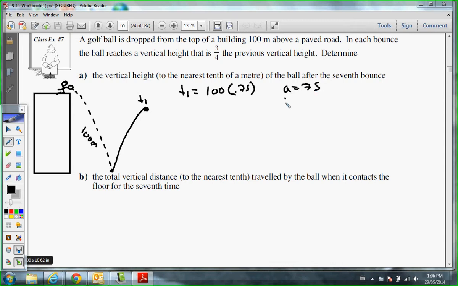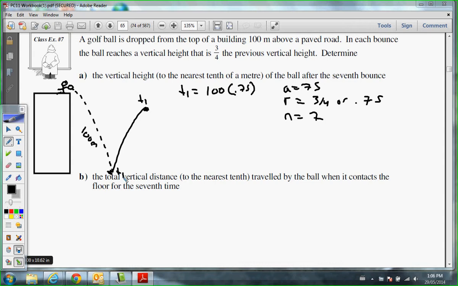My R is 0.75, or you can put 3/4, doesn't matter. My N is 7. By making this my A, I make this right here my first bounce, so that I'm not mixed up with this being a bounce. I've shifted it over a little bit.